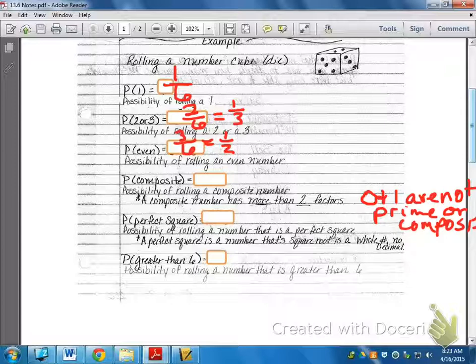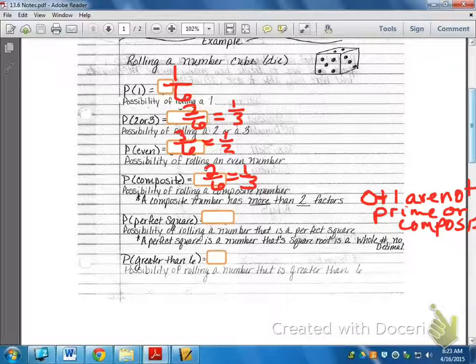What about 3? Prime. What about 4? It's composite because it's got 1, 2, and 4 that can go into 4. So there's 1. What about 5? Prime. What about 6? Composite. So we had 2 of them that were composite out of 6, so 1/3.